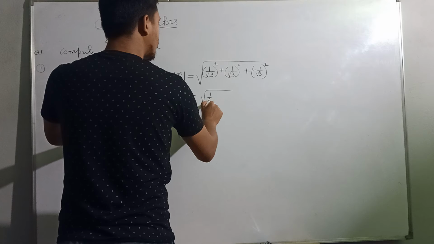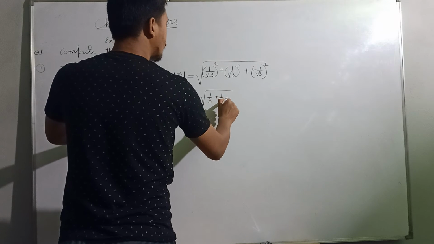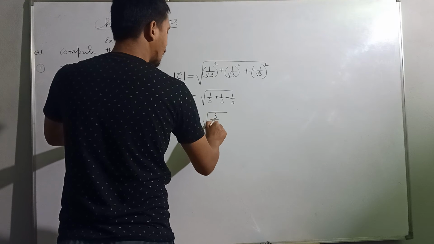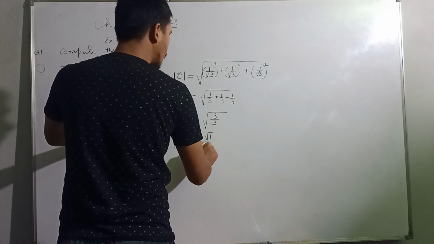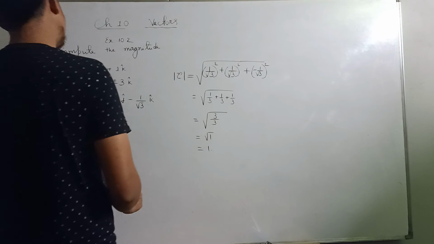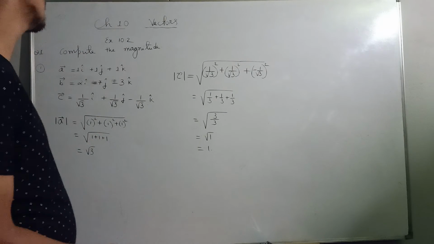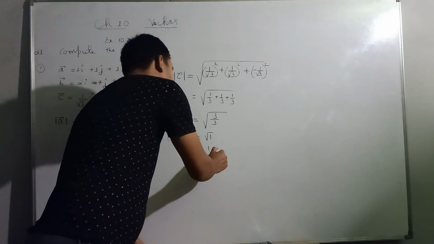So that is 1 by 3 plus 1 by 3 plus 1 by 3. That is square root of 3 upon 3. That is square root of 1. So magnitude of C is 1. That means C is a unit vector, because a vector with magnitude 1 is a unit vector.